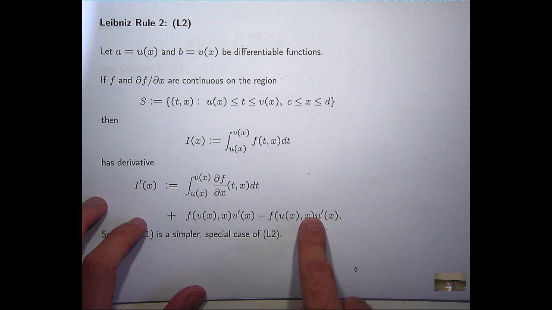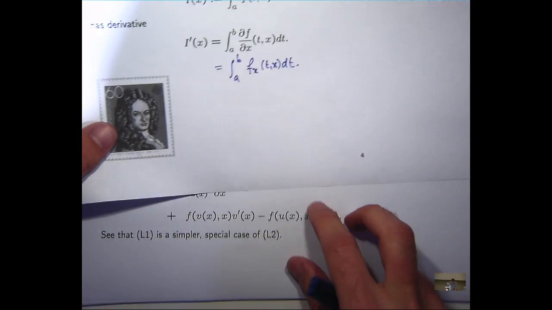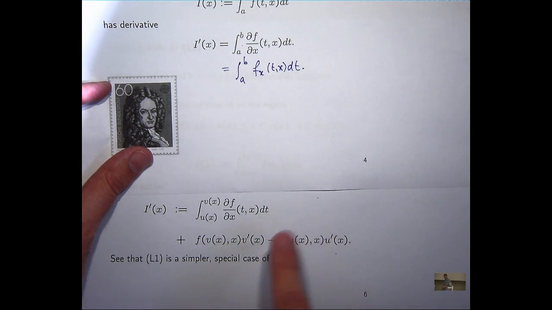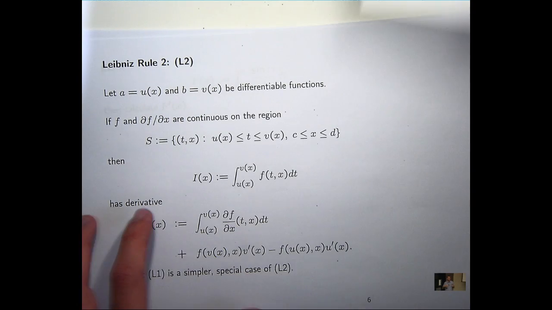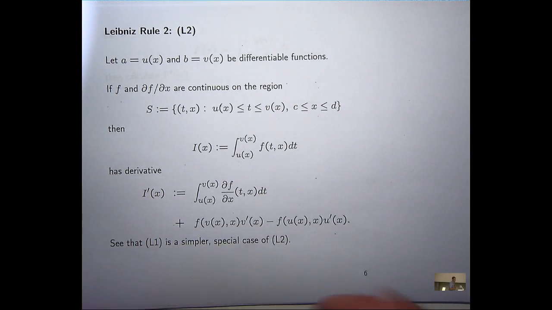Now, in the previous L1 situation, u and v were just constants, so their derivatives are 0, so there's no extra terms in L1. So hopefully you can see how L1 is a special case of L2 when u and v are just constants.